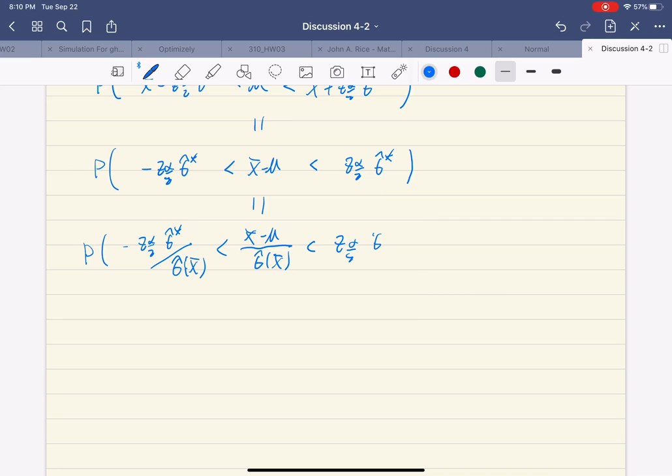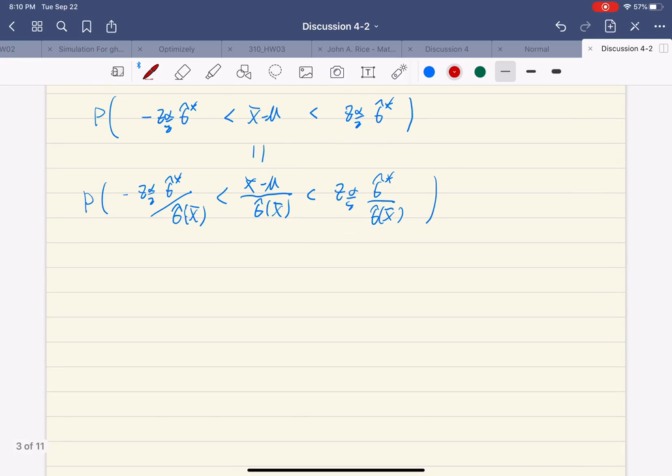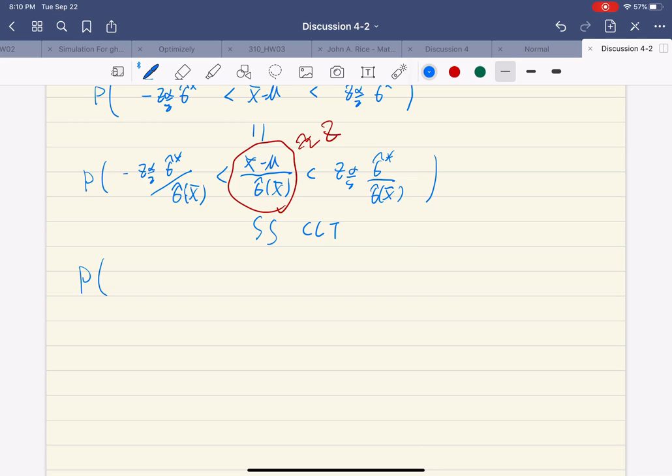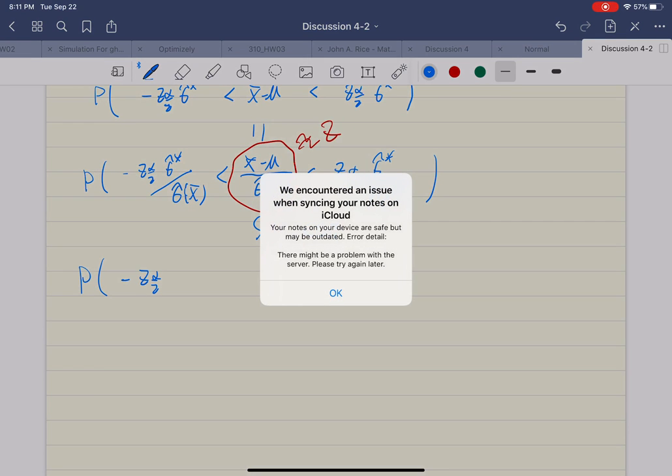Then we apply the central limit theorem. We know that this quantity is approximated by Z. So the probability can be like this.